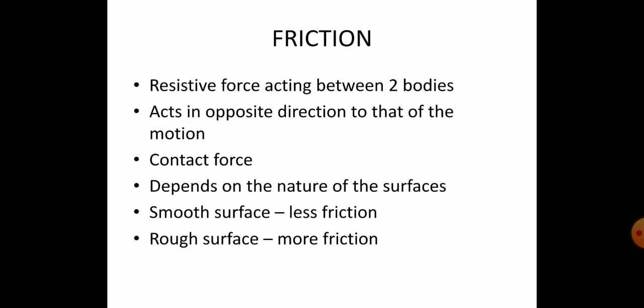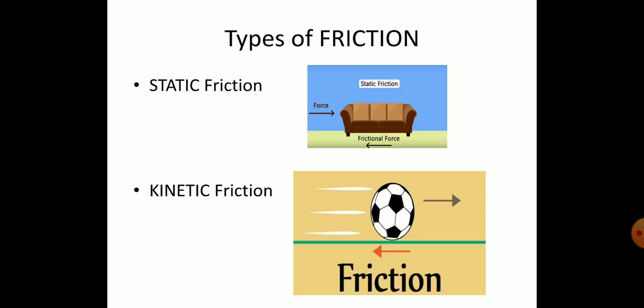Now we have the types of friction: static friction and kinetic friction. In static friction, the object is in the same place, it is not moving. In kinetic friction, the object is moving. The football which is being kicked will be moving on the ground, and slowly it will slow down.